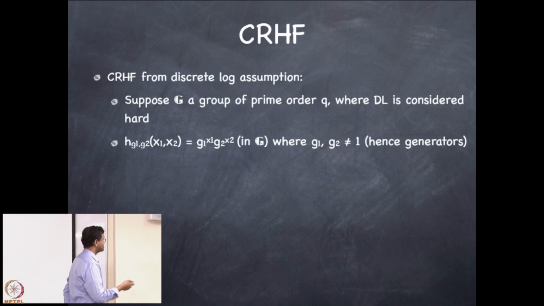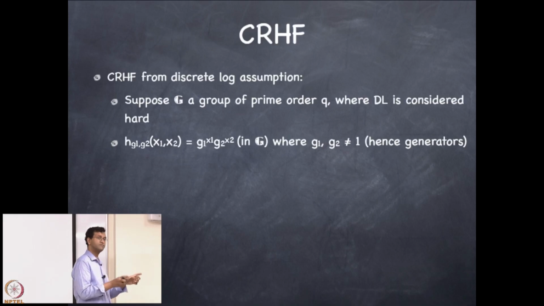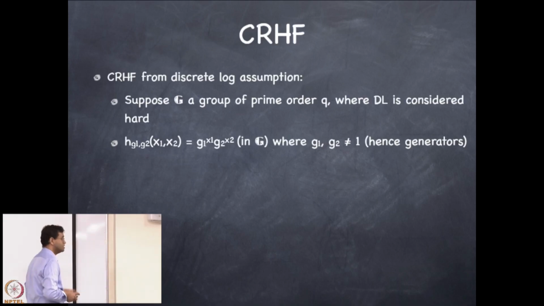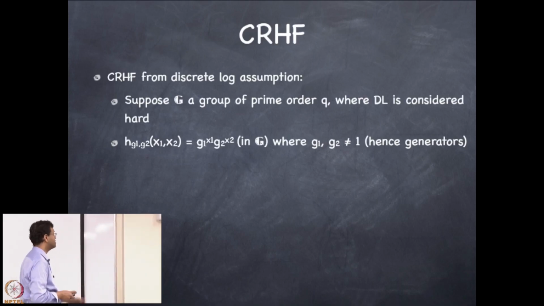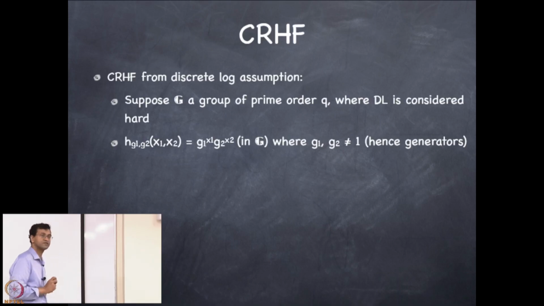So this is almost like 2 group elements, but they are represented as integers. And what's the output? It's a single group element. So you take two blocks, output one block. The input blocks are interpreted as integers. The output block is derived as a group element. And how do you compute this output? Simply this: g1 to the power x1 times g2 to the power x2.